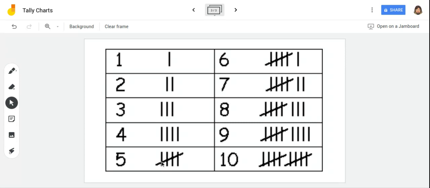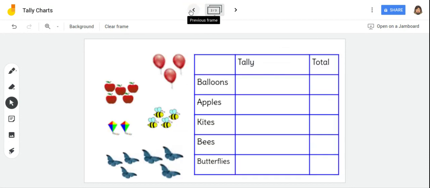Now you might be wondering, well, why are we using these stroke marks called tally marks instead of writing the number? Well, that's a great question, and I'm going to show you. When you're counting things quickly, sometimes it's nice to put your data or your information quickly into a table. So here's a table.